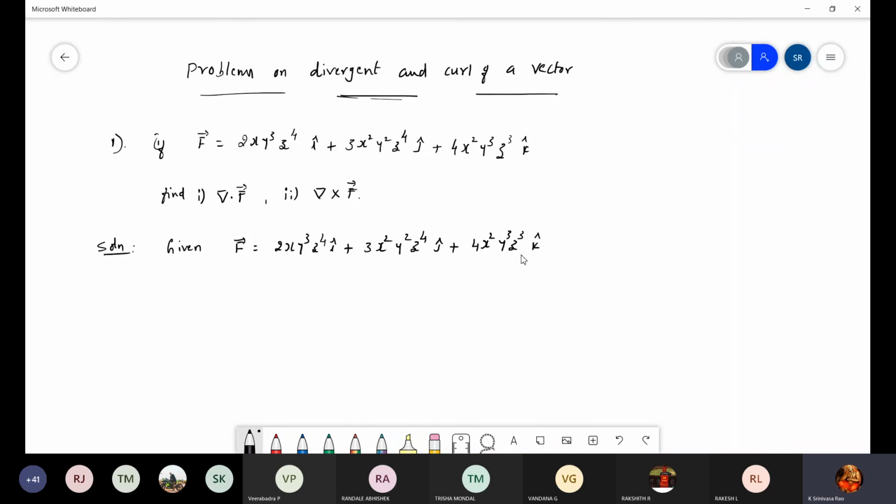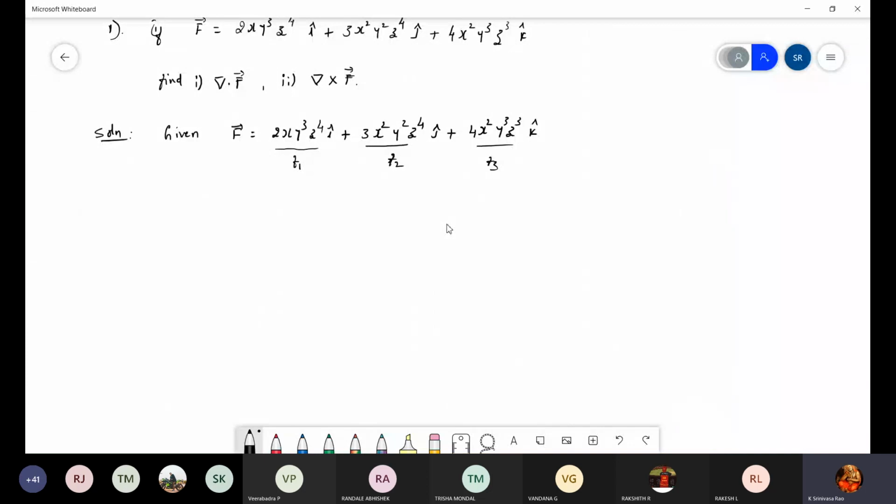Now, for your reference, we will take these as f1, f2, and f3. The coefficients of i, j, k, we will consider as f1, f2, and f3. Okay, first write the formula.